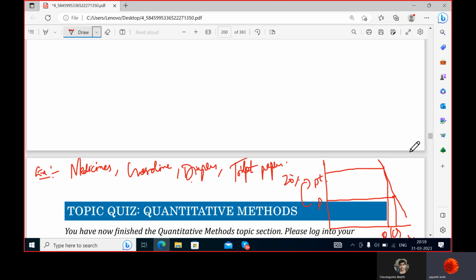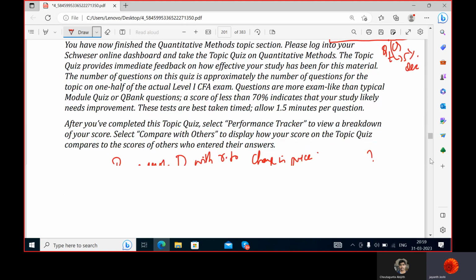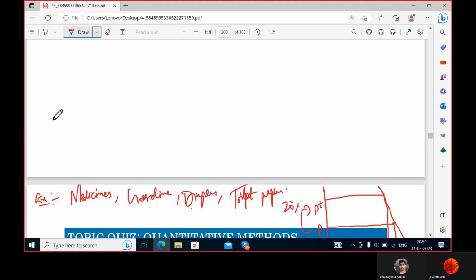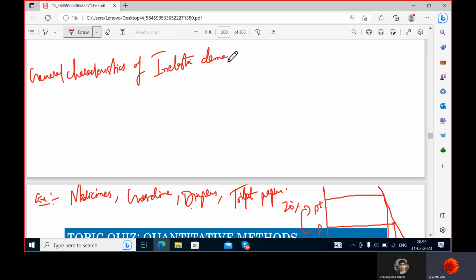There are some important characteristics typical of inelastic demand. I'll write them here. The general characteristics: there are very few substitutes.